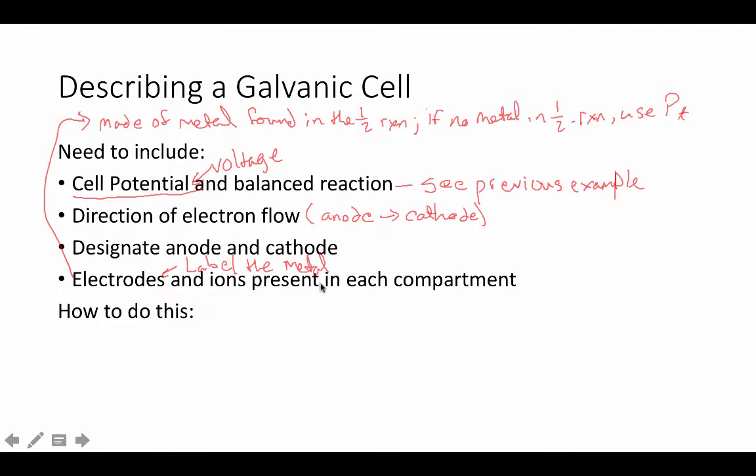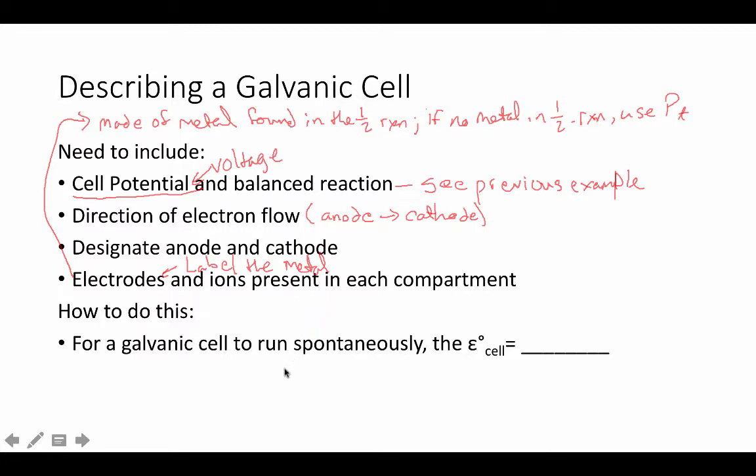And how you're going to do that is, things that you need to know is that for a galvanic cell to run spontaneously, the voltage needs to be positive. And that makes sense that we would want a positive voltage for a battery.